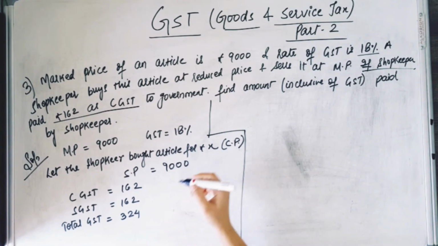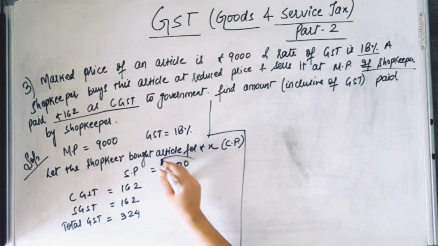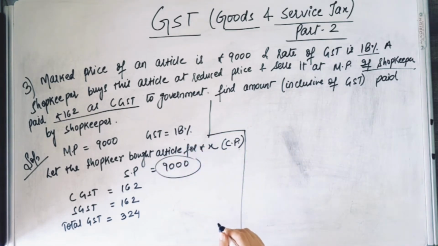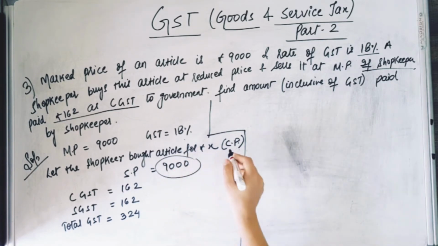Now what we have to calculate, this GST will be total GST paid to the government. This will be equal to 18% of this 9,000 and 18% of X, because what he did, selling price, he has sold in it.